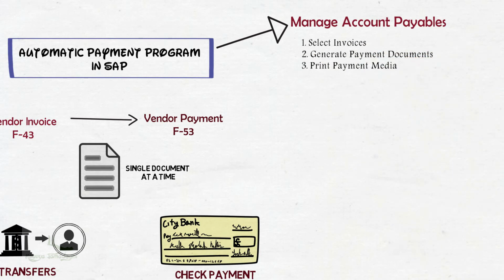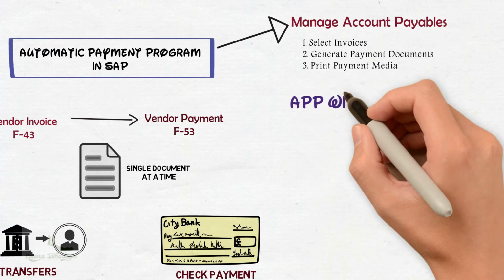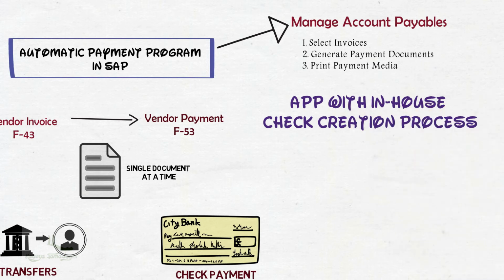After that, print the payment media, that is, print the checks in SAP. All these are done with the use of the APP functionality in SAP, so that the users are no longer required to post the payment documents individually. In the upcoming learning activity, I will show you how we perform the APP using the in-house check creation process.